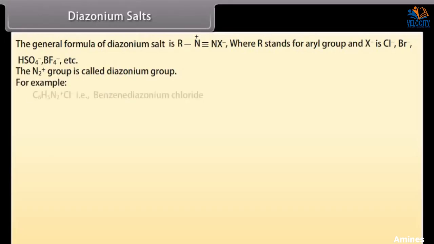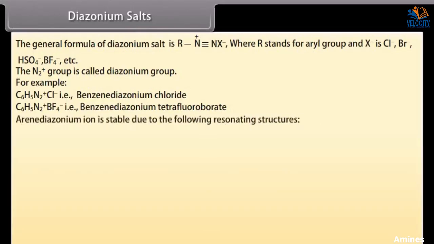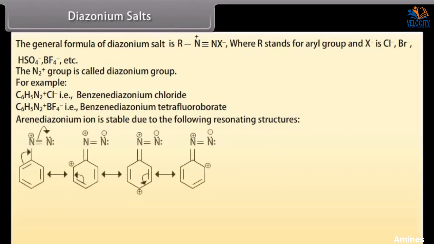For example, C6H5N2+Cl−, that is benzene diazonium chloride, and C6H5N2+BF4−, that is benzene diazonium tetrafluoroborate. Arene diazonium ion is stable due to the following resonating structures.